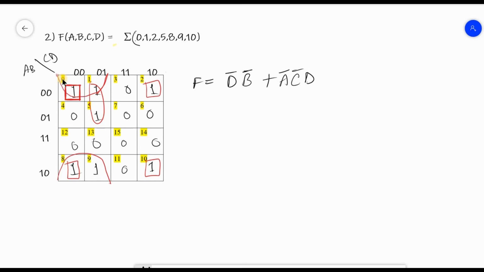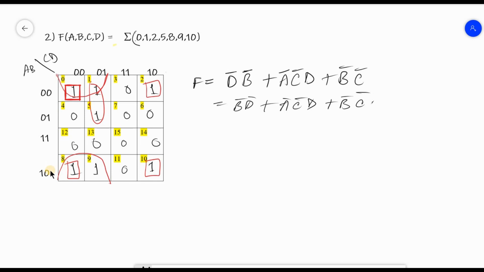Now the remaining group, that is the folded group of box number 0, 1, 8, 9, I can find that C is unchanged and on the left side B is unchanged. So I can write B naught and C naught as both are 0 unchanged. Now this is the simplified function. I can write it in a bit more simplified way: A naught C naught D plus B naught C naught.